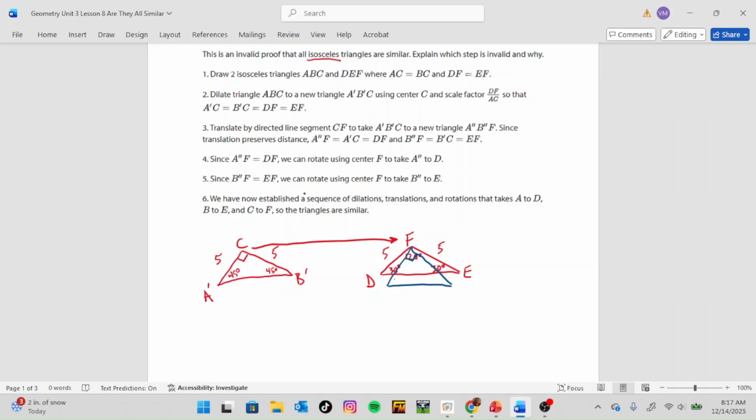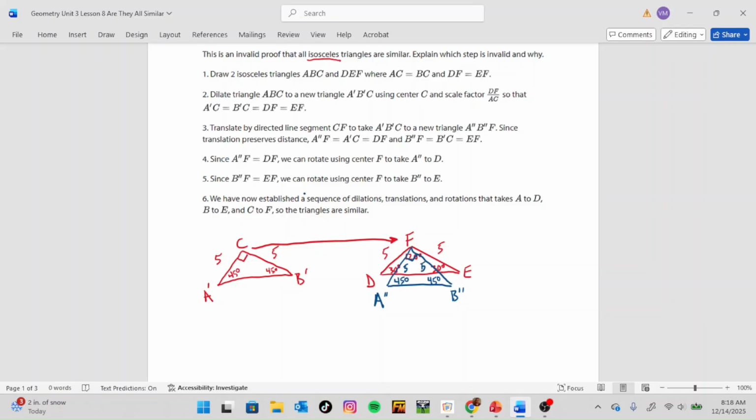So this is our right triangle with a 90 degree and two 45 degrees. And this is now A double prime, B double prime, F. So now we've moved the original left red triangle over here to where I have this blue triangle now. And our sides are still the same. We're still going to say that we have these side lengths that are each 5.